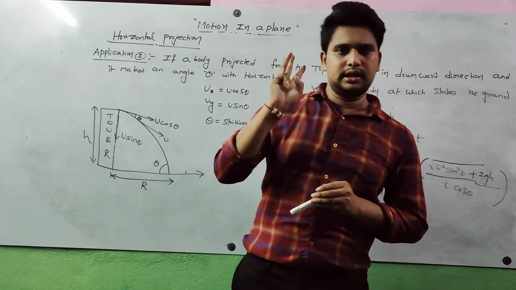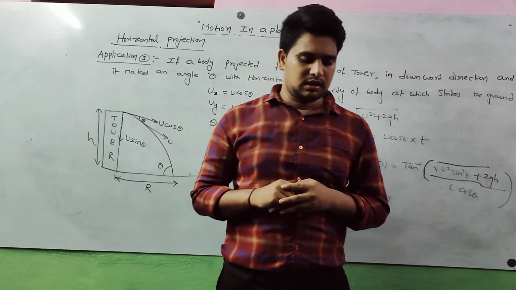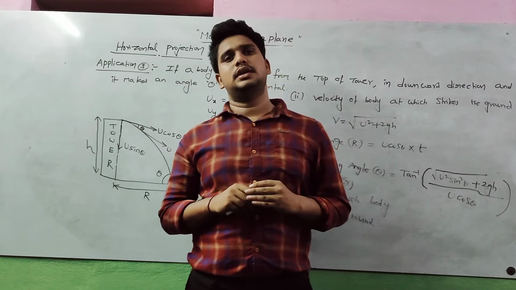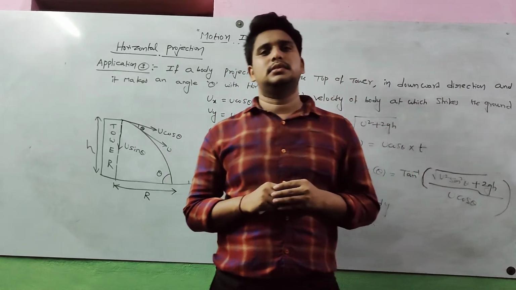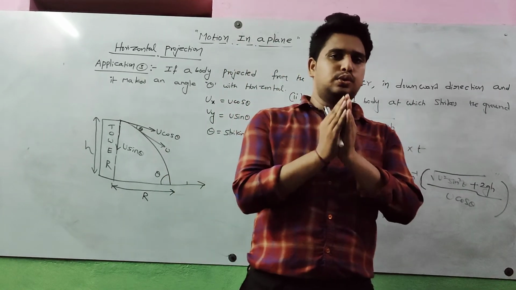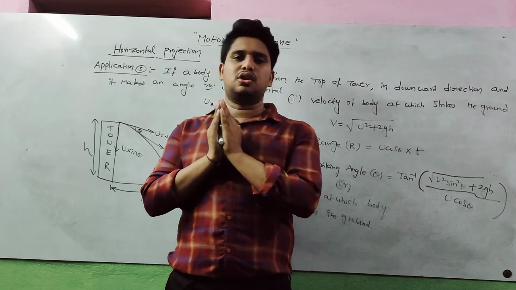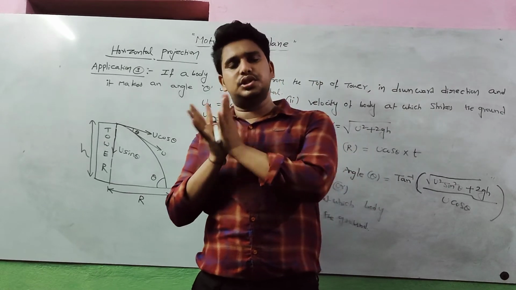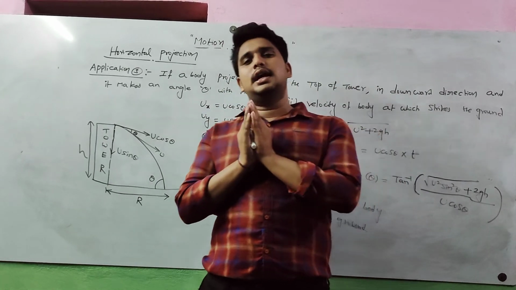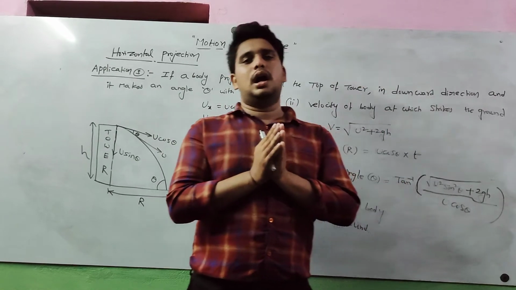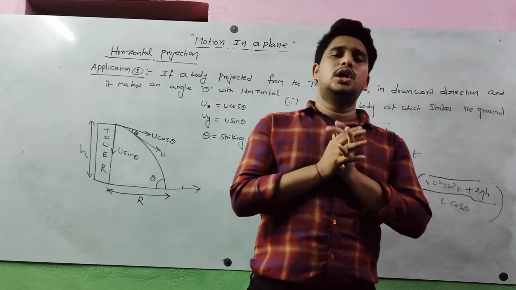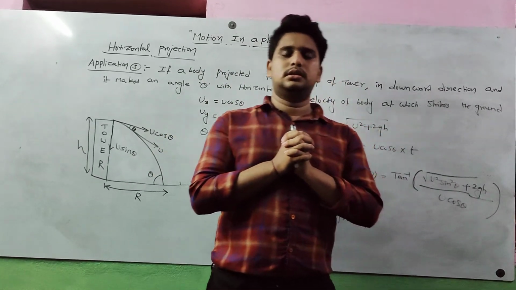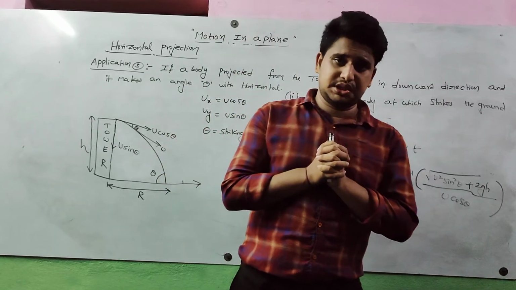These are three important topics in kinematics. We already discussed in previous lectures motion in a straight line and vectors. We have started motion in 2 dimensions. In this, very important topics are oblique projection and horizontal projection. I already uploaded videos on oblique projection and horizontal projection. You must go through those videos to get a clear idea.